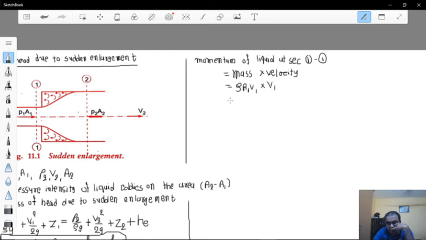So it will be equal to rho A1 V1 square, and then we can write down momentum of liquid at section 2. So here it will be equal to rho A2 V2 square.